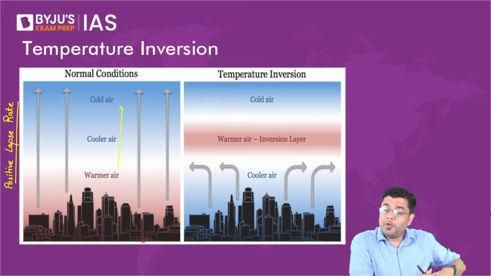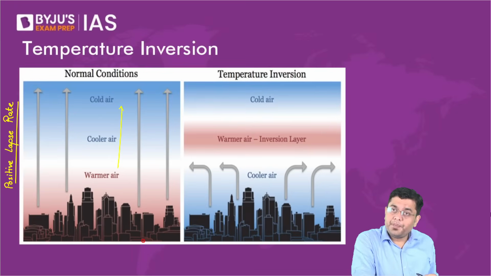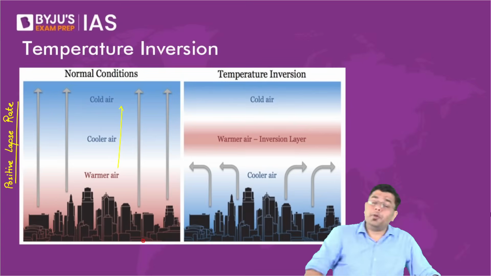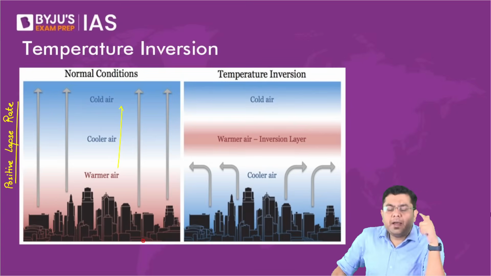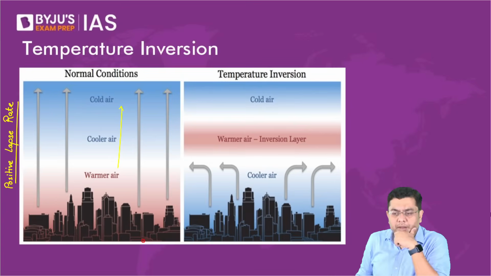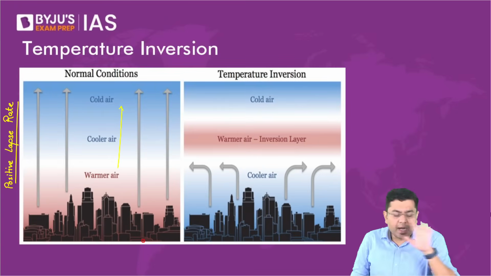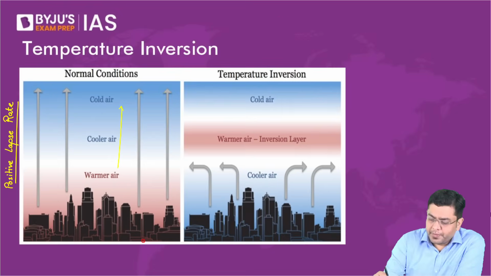And the cold air will always be heavier, it will try to sink down. So under the positive lapse rate, if I tell you there will be a vertical mixing of air, will that be correct or incorrect? What do you think? Perfect? No doubt in that? It will be correct.